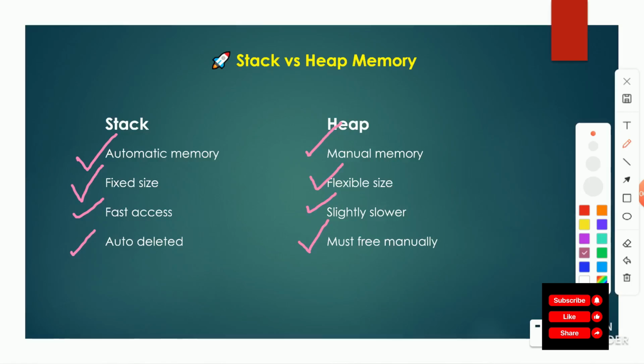In the stack, auto deletion is done, and in heap memory must be freed manually. We need to manually free the memory in the heap. An important point is that if you don't free the memory in heap memory, a memory leak will occur.